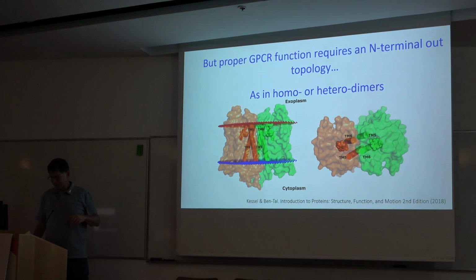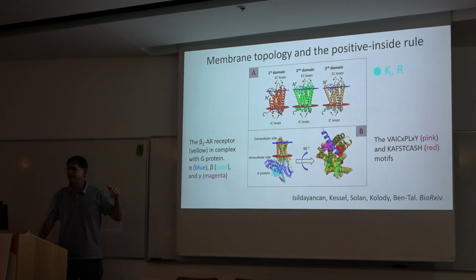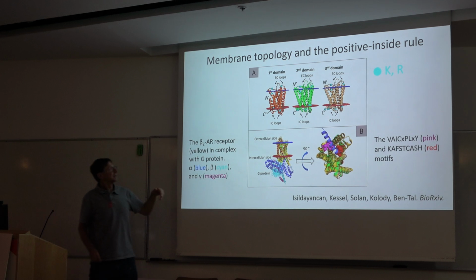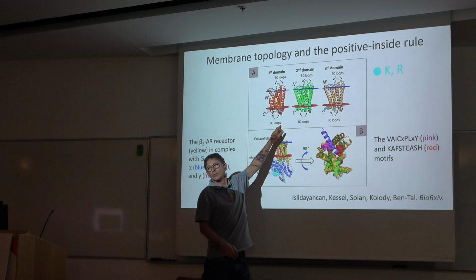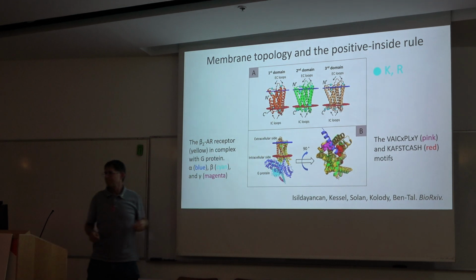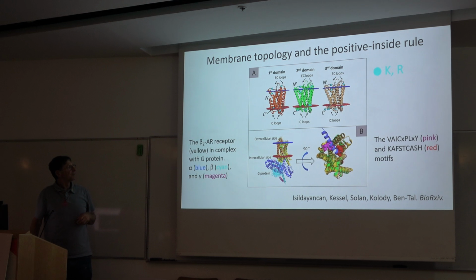So we took a close look, using the positive-inside rule. Each of the domains individually should be oriented like this. But because of the uneven number of helices, there should be a stretch that links the C-terminal of this domain to the N-terminal of the other domain, which is above. So it should cross the membrane, and it should be hydrophobic enough for that, and long enough.